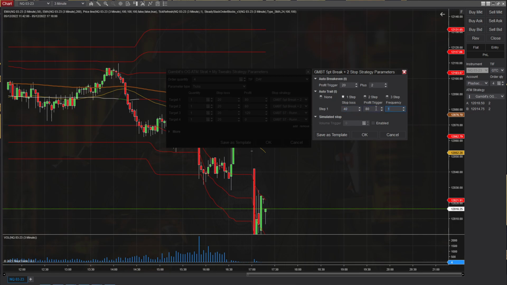Now, what this does is determine how often it will follow that rule. I don't know if it's counting in ticks, I assume it's ticks. So, for example, if you put a 3 here, then it's not going to do the move right away. Maybe it does it as soon as it hits the profit, I assume.